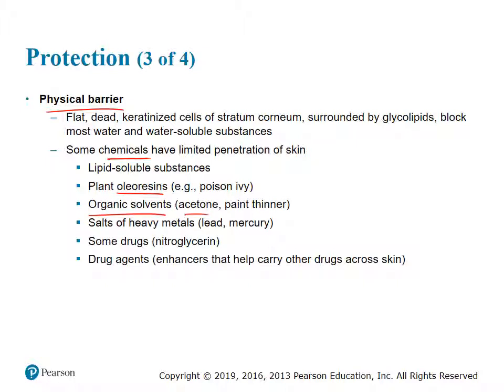Solvents like acetone, paint thinner can actually embed the skin, can go through the skin. Heavy metals can go through there. And some drugs can go through there. Right, so just to summarize everything, some things can go through there, but most things get blocked out, depending on if they're water soluble or fat soluble.